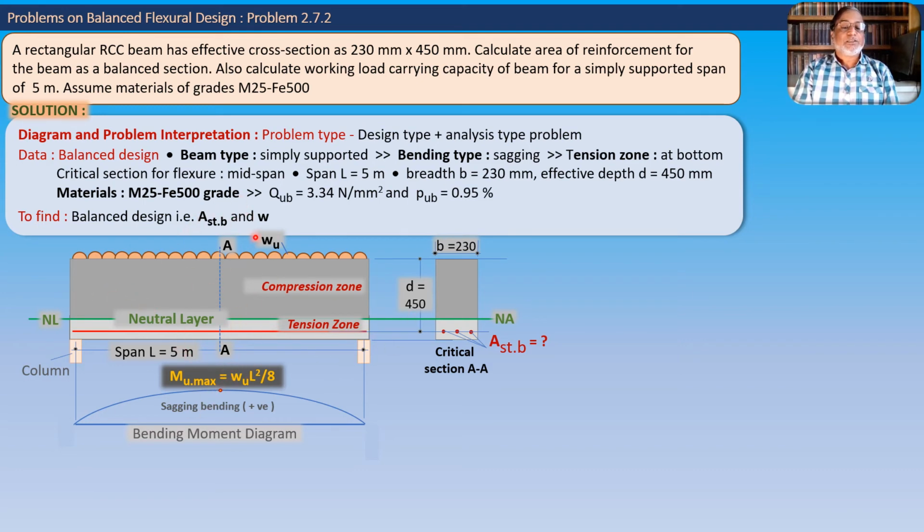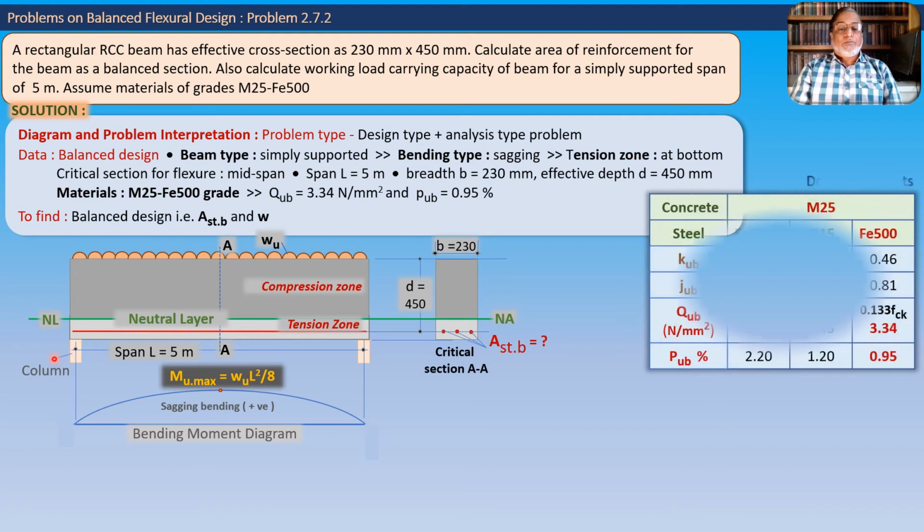That is, the value of bending moment is maximum at that point, and it is W u L square by 8. The breadth of the beam, 230 mm, is given, and 450 mm effective depth is also given. We are only supposed to calculate Ast balanced. So this is a part of the problem of design.